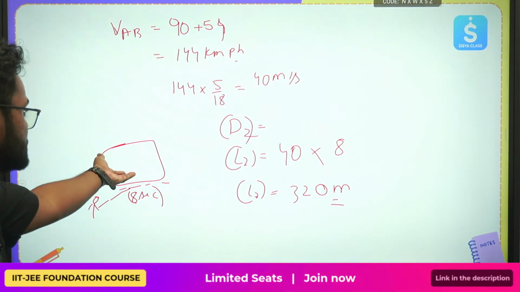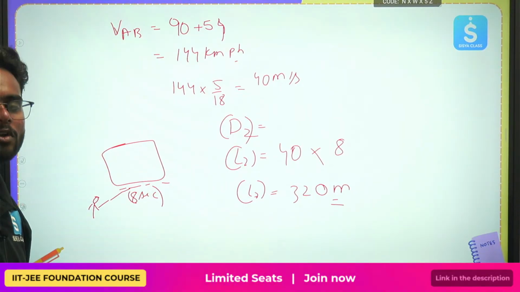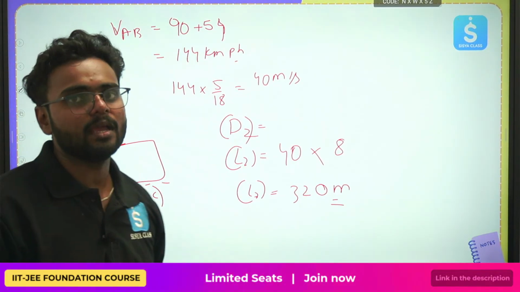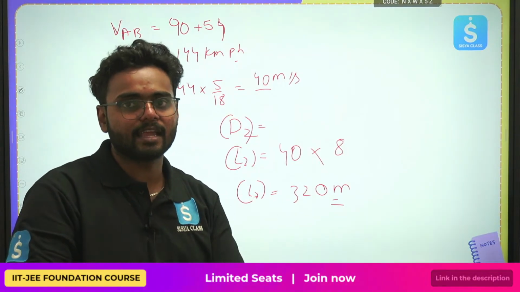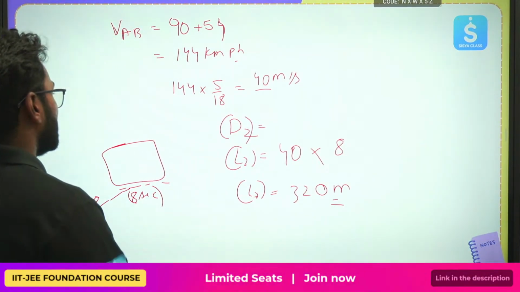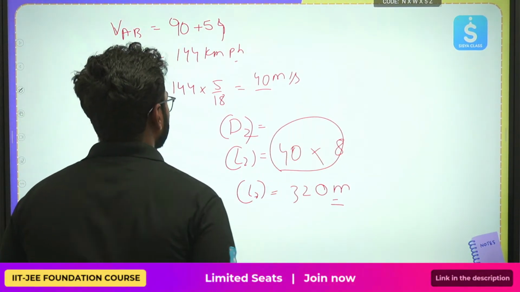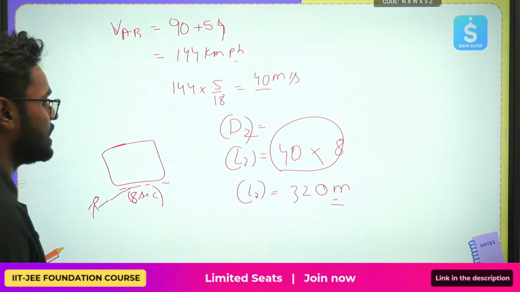Understood? The relative speed is 40 meters per second, and it is moving for 8 seconds. So it's basically the product of 40 and 8, which is speed and time, right?